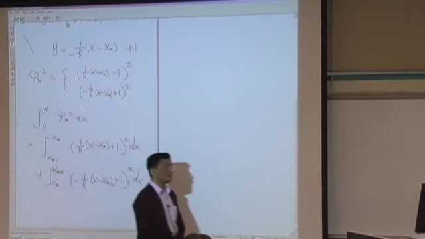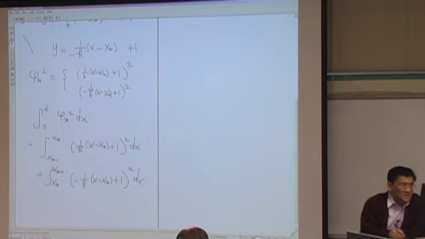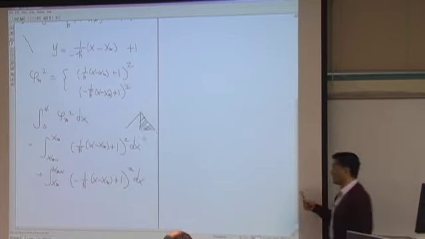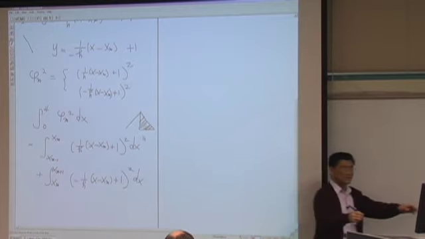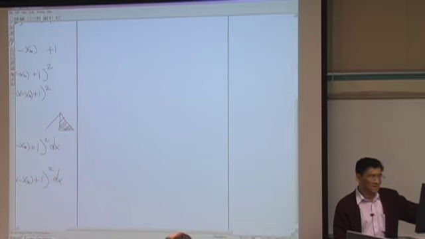Let's do the integration. For convenience, I will use symmetry, right? These two are symmetric, so I will just calculate this half, then I will double it. I will go to the next column and then write the second half.